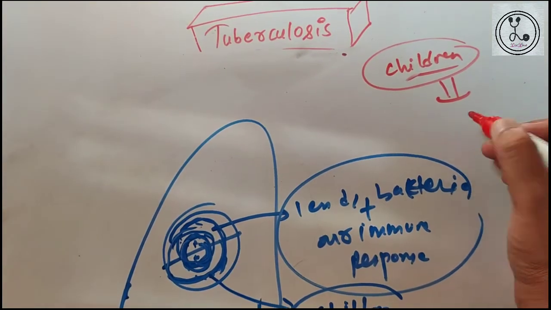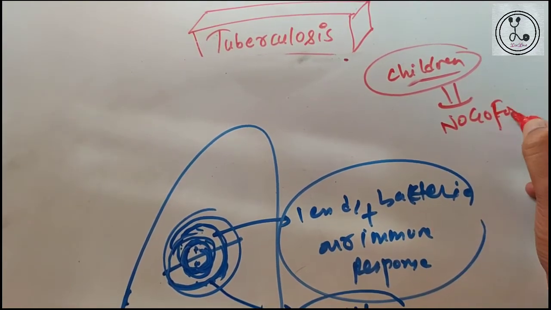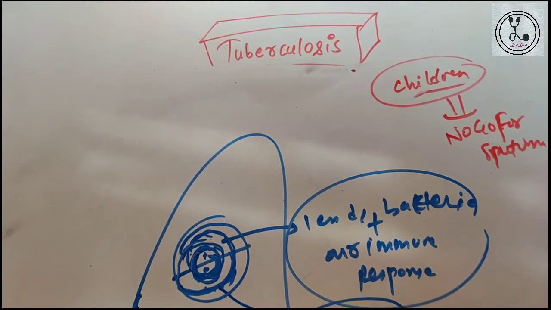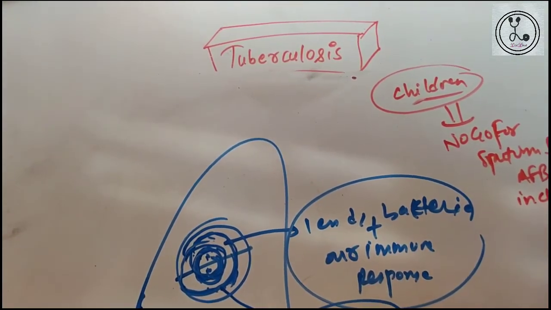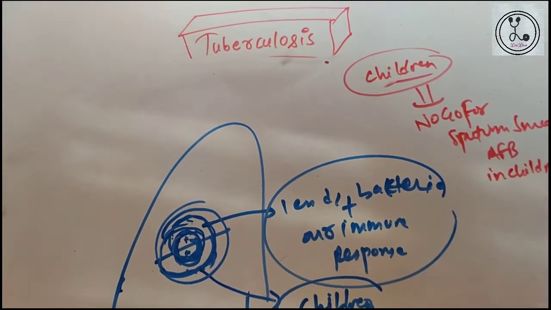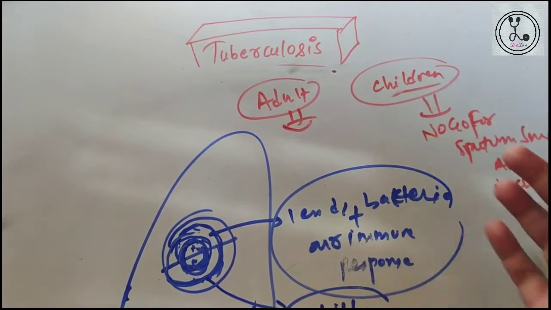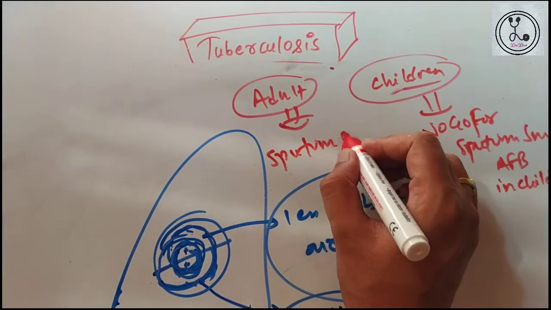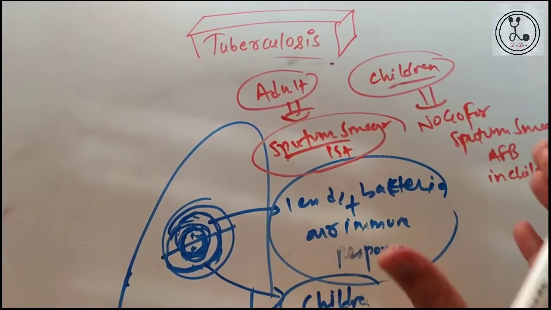So you should not directly go for sputum smear, that is AFB, in children, as it is already understood that it will come negative. But in adults, yes, the test will come positive. That is why you should go for the sputum smear first. So this was a concept that you should know.